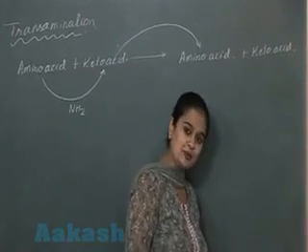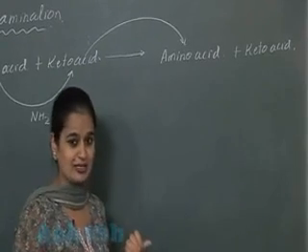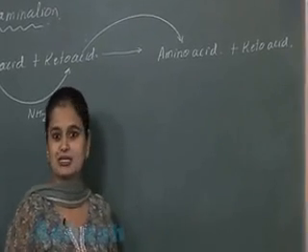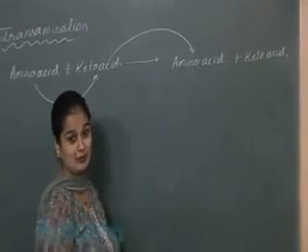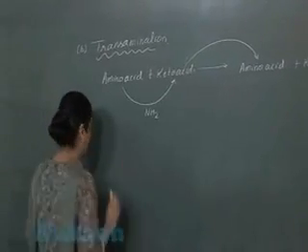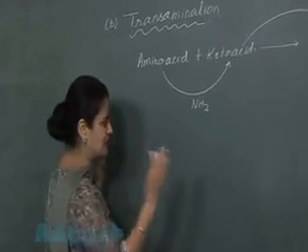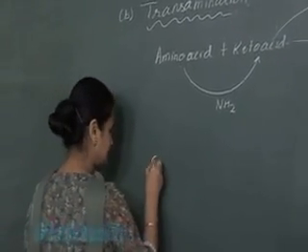You are getting this point? जो amino acid है वो change हो जाएगा keto acid के अंदर, and the keto acid is converted into the amino acid. So I will try to explain this by writing one reaction here, in a little bit more detail.